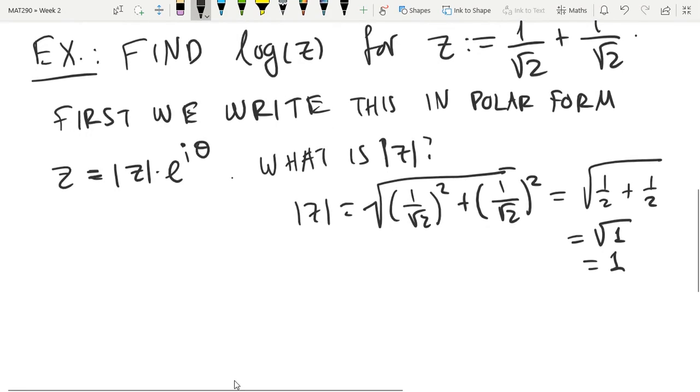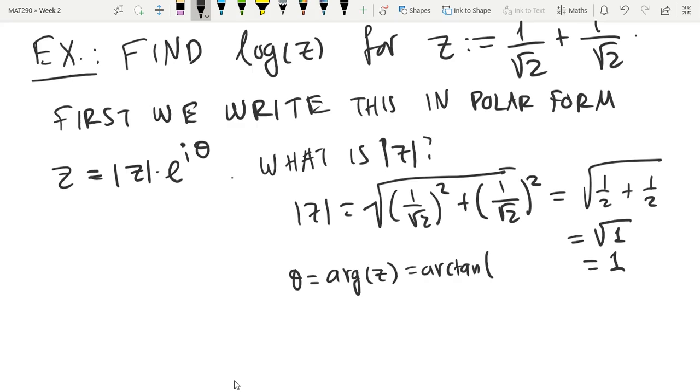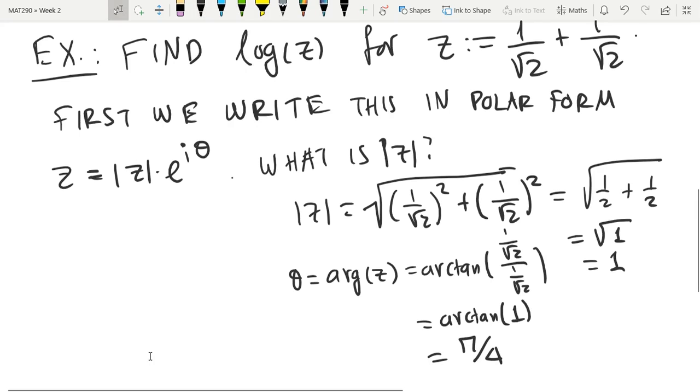And theta is the argument of z. So we have arctan of the imaginary part over the real part. So we get arctan of 1, which is pi over 4. Okay, so that's the angle and that's the modulus.